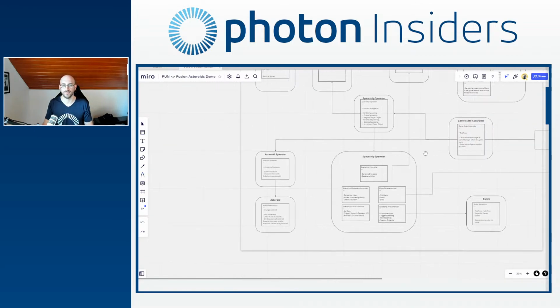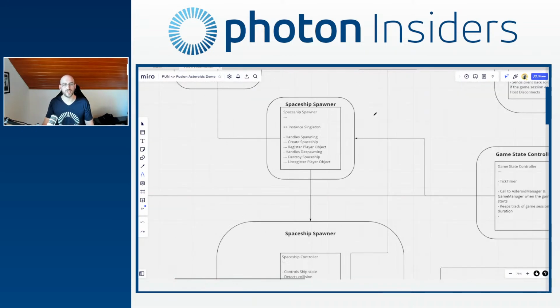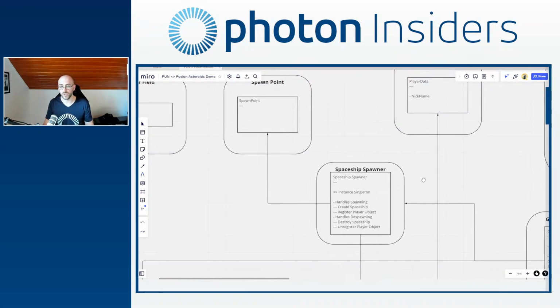Now that we have the asteroids, the next most important thing is, of course, checking what the asteroid actually confronts. And that is the player. The player controls a ship that itself is created by the spaceship spawner. Now, the spaceship spawner does two things.